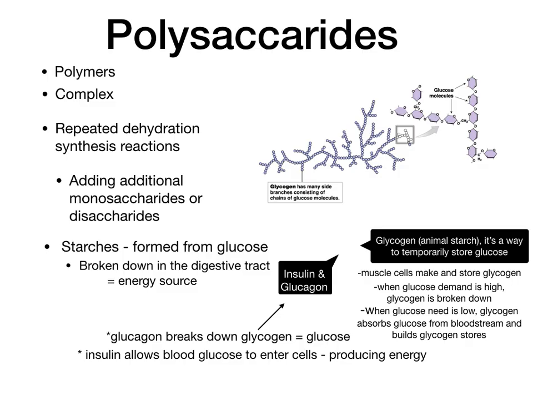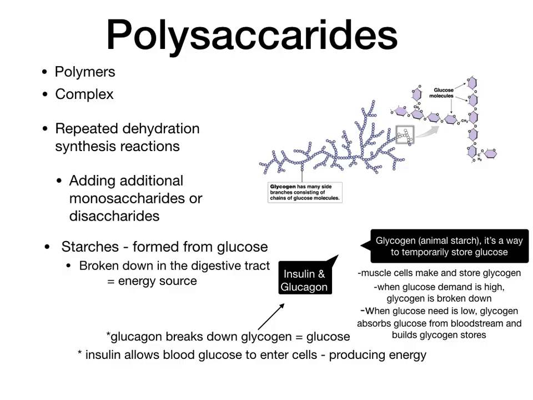So polysaccharides are polymers, obviously, of the monosaccharides. They are very complex. They have repeating dehydration synthesis reactions to create that long chain of those monomers. The addition of the monosaccharides or the disaccharides create the polysaccharides.